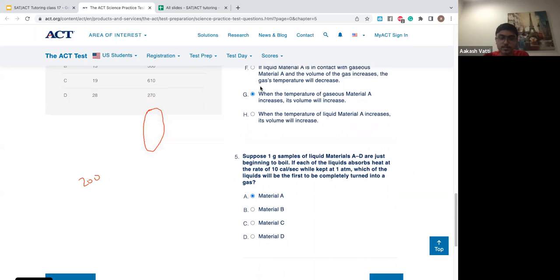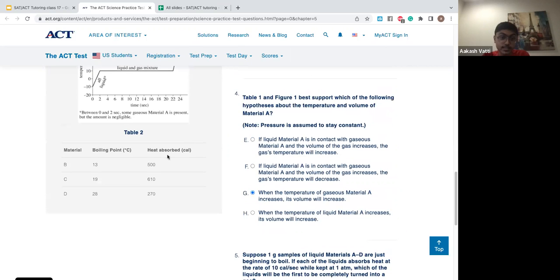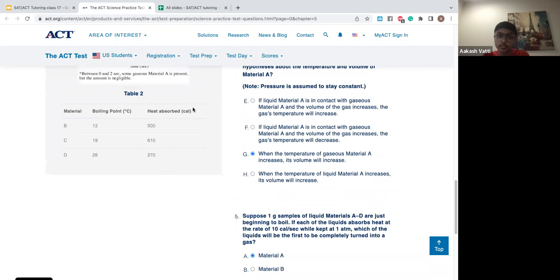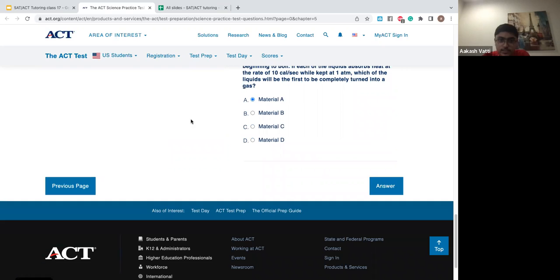I overcomplicated it after I got the answer. But yeah, the reason it is the first one to turn to gas is because it absorbs the least heat before turning into gas. Any questions?